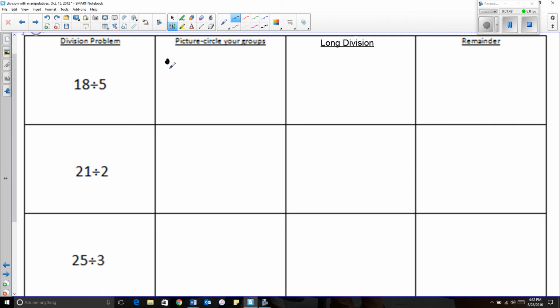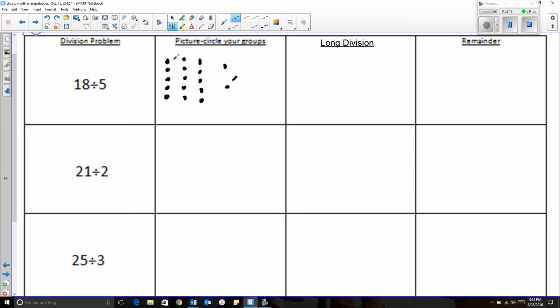So I'm going to draw, okay, I had 1, 2, 3, 4, 5, that's one group, and then 6, 7, 8, 9, 10, that's another group, 11, 12, 13, 14, 15, that's another group, and then I had 1, 2, 3 that were not in groups.